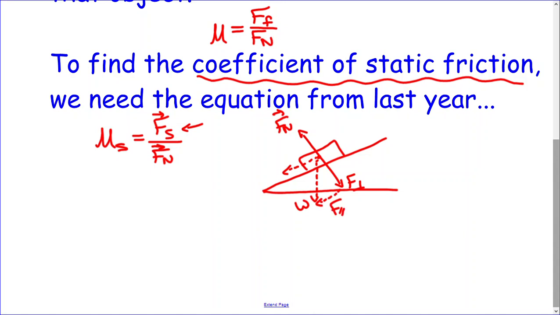So the static friction is going to want to oppose that. It's going to want to go in the opposite direction to what's there. And they should equal each other if the object is not moving.